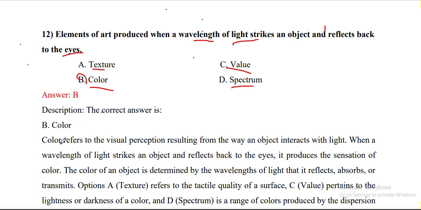The description for this one: color refers to the visual perception resulting from the way an object interacts with light. When the wavelengths of light strike an object and reflect back to the eye, it produces the sensation of color.